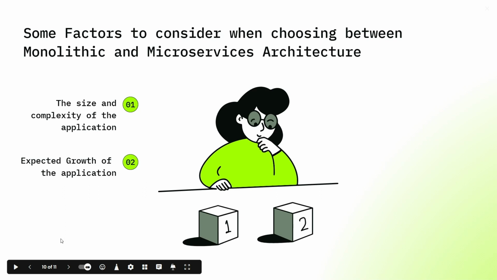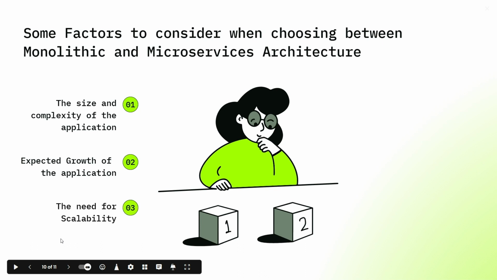The expected growth of the application: if you expect your application to grow in size and complexity over time, microservices architecture is a good choice. This is because microservices can be added or removed easily as needed. Monolithic architecture is not as scalable, so it may not be the best choice for applications that are expected to grow significantly.